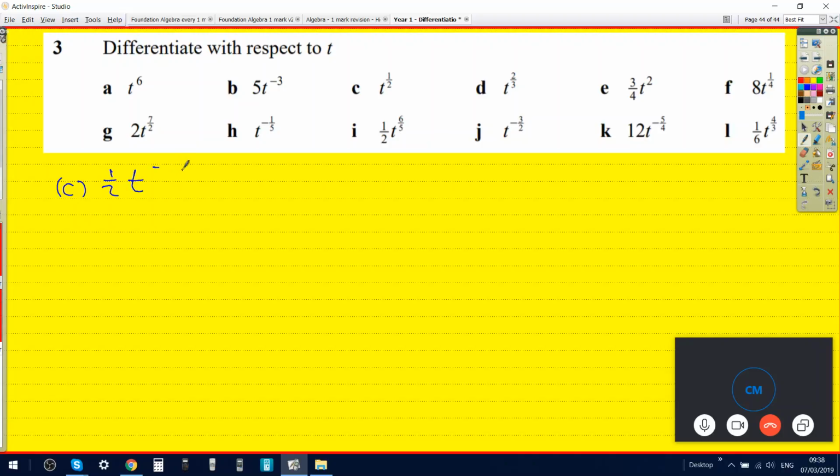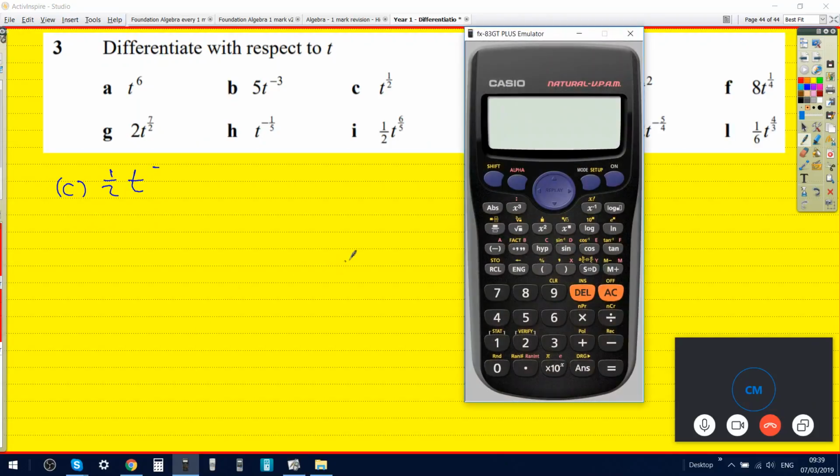So you do half minus 1. I'm not sure. So you just do half minus 1. And 1 is the same as 2 over 2. So minus a half. Right.